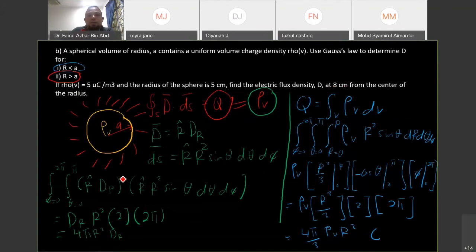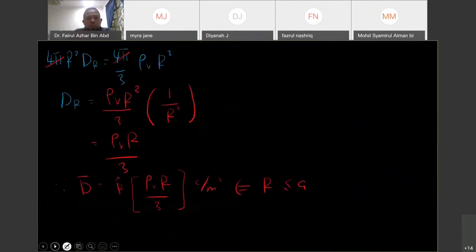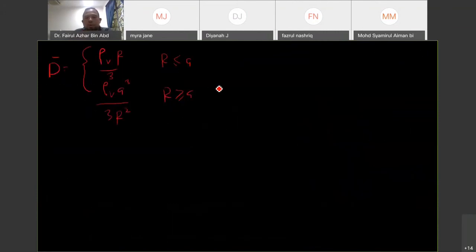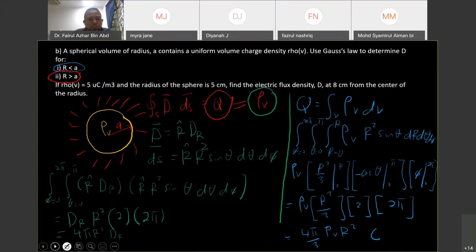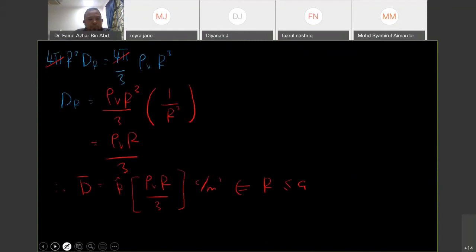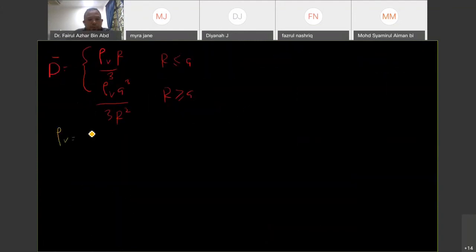And since we have two regions, just now the information given to us, we have rho v is equal to 5 microcoulomb per meter cubic.